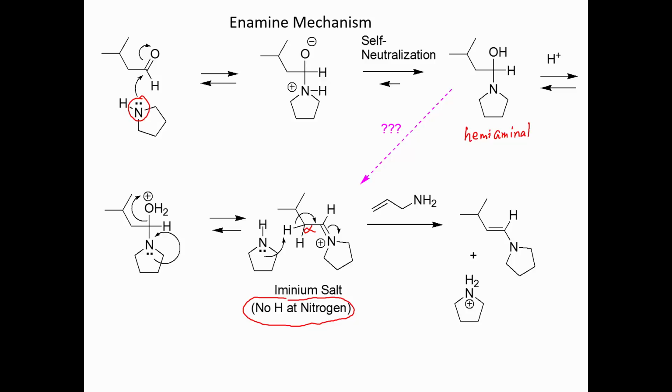Okay, let me just say one thing I should have said in the previous slide. There's something that people might not like about this step here, and this is the fact that a nitrogen is a lot more basic. If you do a protonation, isn't that more likely?